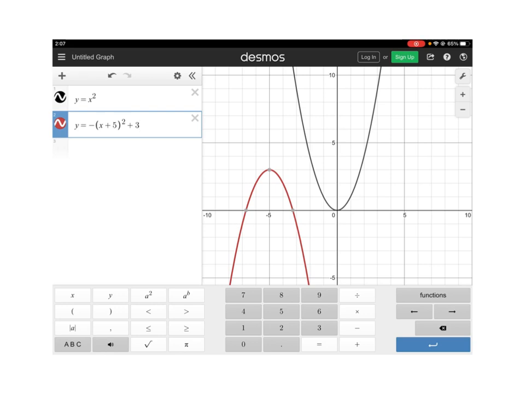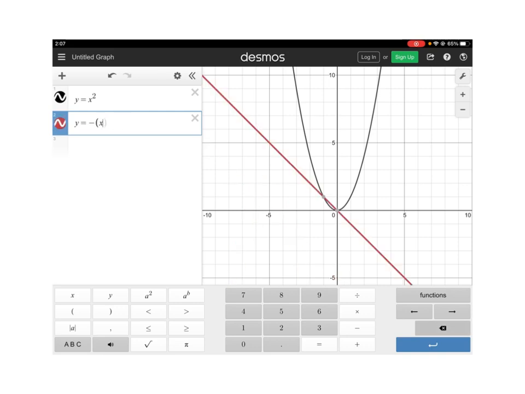X plus 5, the quantity squared, again, we know that that means that parabola will shift to the left 5 units, and you can see from the graph that it does. And then plus 3 means that parabola goes up 3 units from the original parent graph, which is just at 0, 0, the origin.